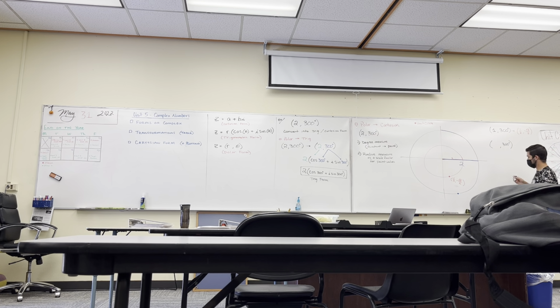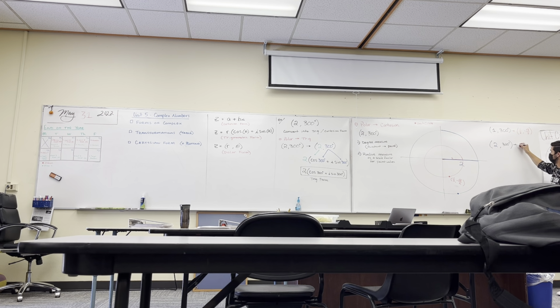We're still at 300 degrees, but my radius measurement is now 2. So what do I need to do to account for this change in my radius and change this value up here? Multiply it by 2.